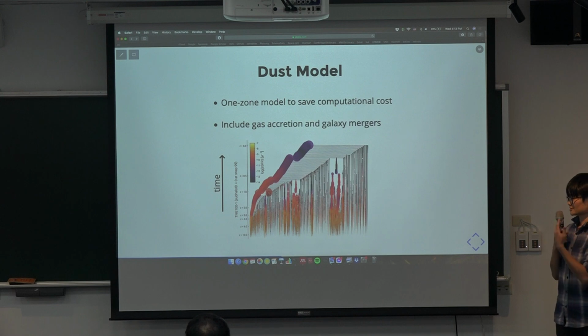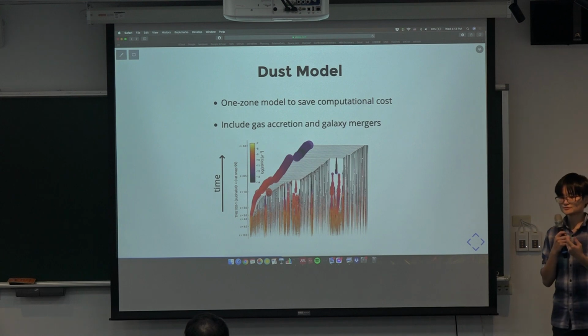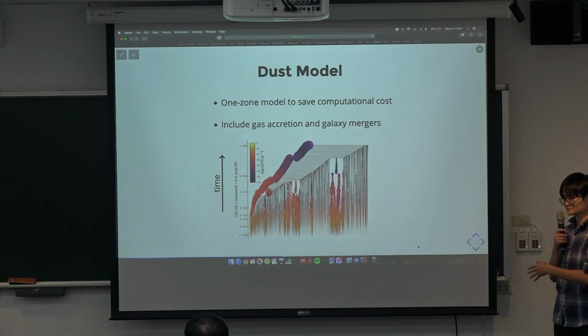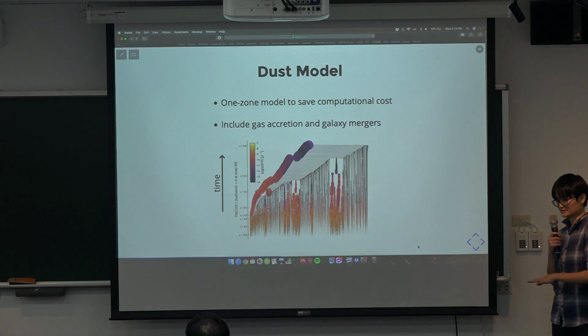And also, because I'm only interested in the statistical behavior of these galaxies, using a one-zone model is okay. The second thing I do in my model is I try to include gas accretion and also galaxy mergers, from the merger tree provided by IllustrisTNG. That is the different thing I can do from previous studies, which mainly focus on one isolated galaxy.